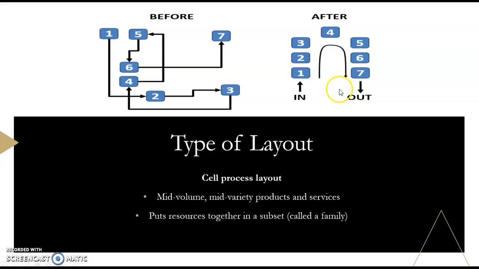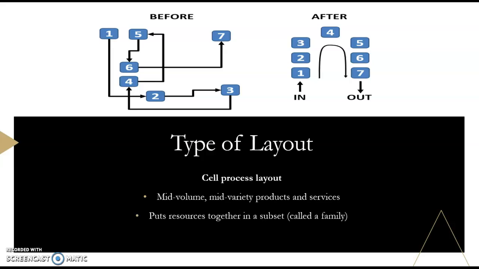With the cell formation, it puts things into subsets or families. That way it's just a more designated area. There's no misunderstandings. Things go where they need to go. Little to no error or scrap or what have you.